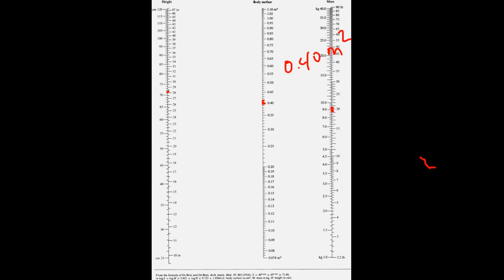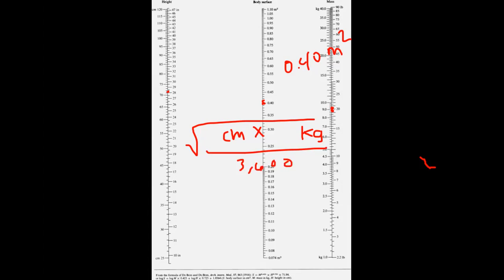So if we use the equation, it says to use the square root of height in centimeters times weight in kilograms divided by 3,600. So it's giving us the information in inches and in pounds. So we need to convert first.